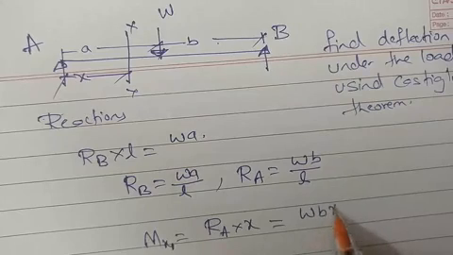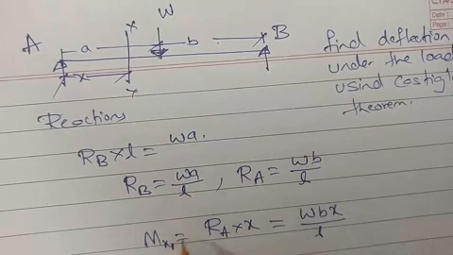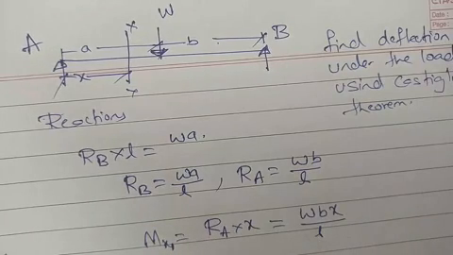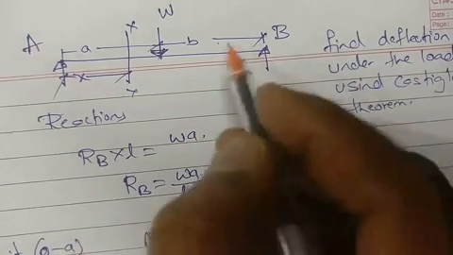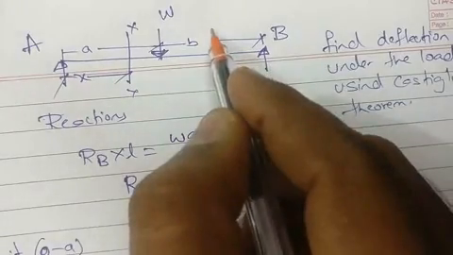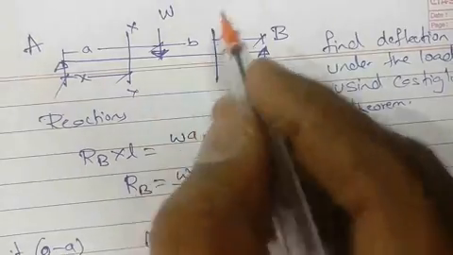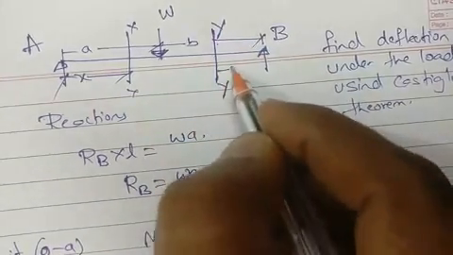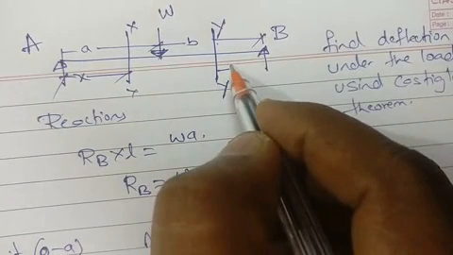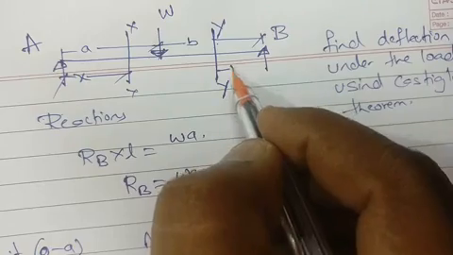W B x by L. This is M x1, for limit 0 to A, and for the other part we will take one more cross section at distance x.